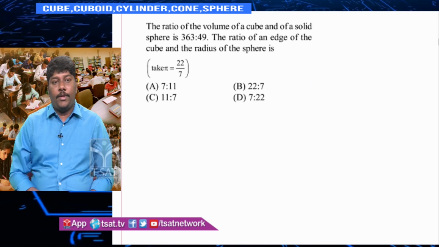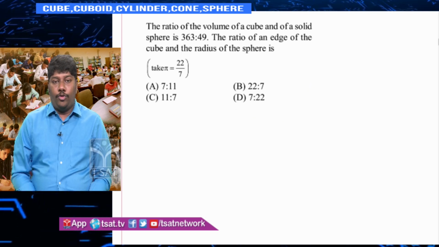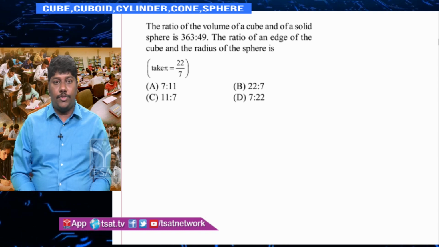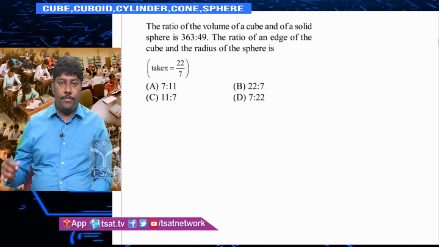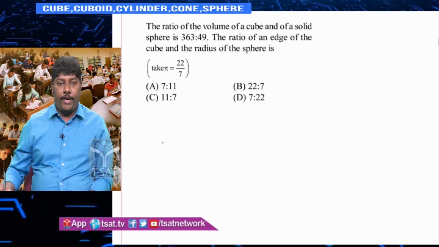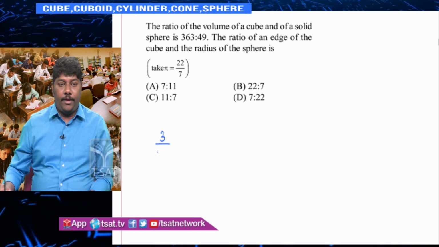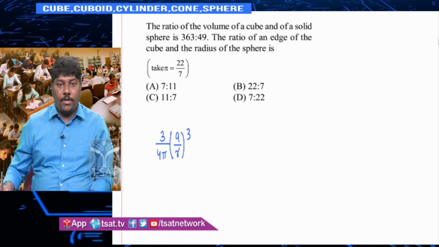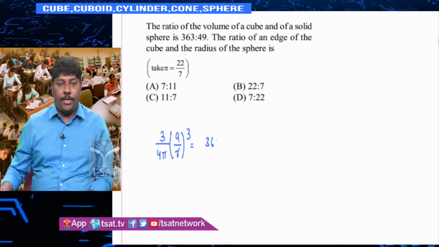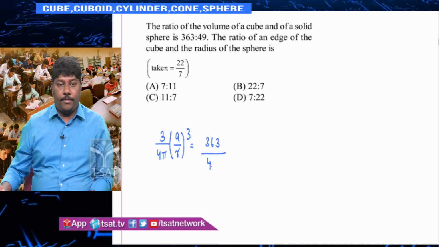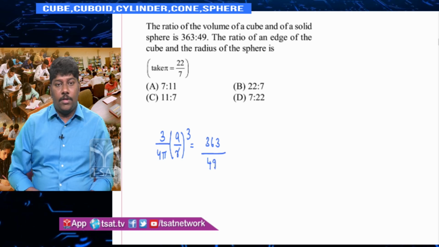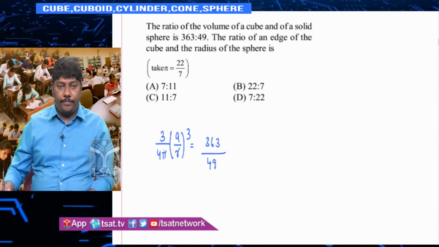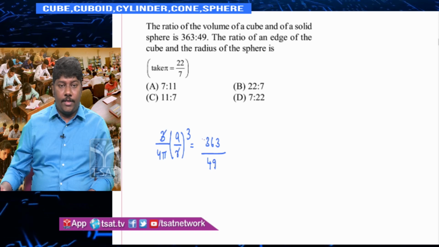Now look at the next one. The ratio of the volume of the cube and of a solid sphere is 343:49. Just now we found out the ratio. So if 4 by 3 comes up, it becomes 3 by 4 pi into A by R whole cube. The ratio is 343 divided by 49. The ratio of the edge of the cube to the radius of the sphere. Now see here. 3 ones are 3, 3 121s are.